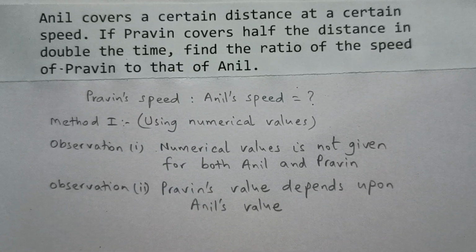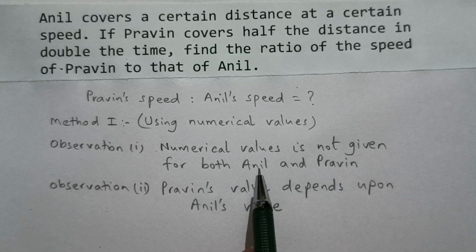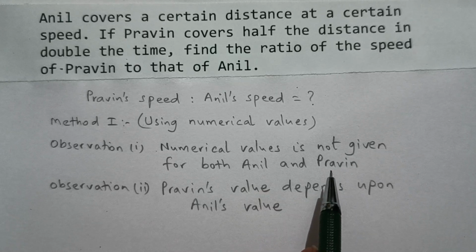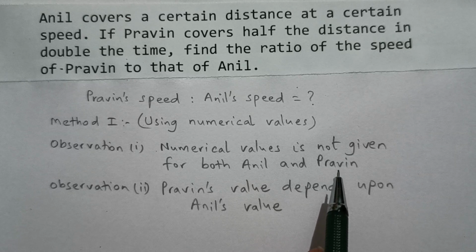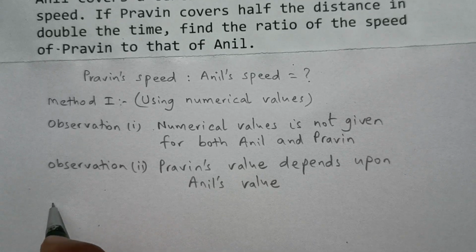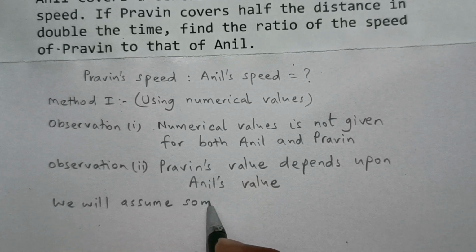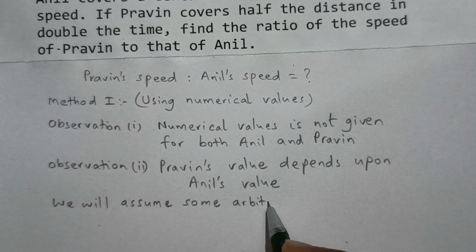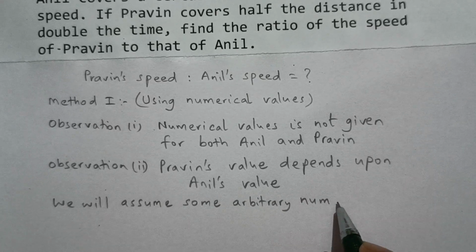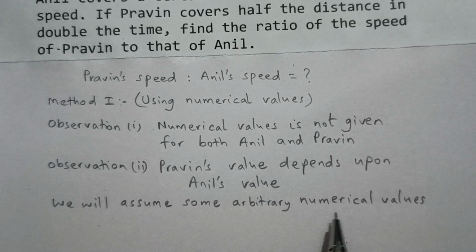So in order to solve such kind of questions, since the numerical values are not given for both Anil and Praveen, we will assume some arbitrary numerical values, and based upon those arbitrary numerical values we will solve this question.